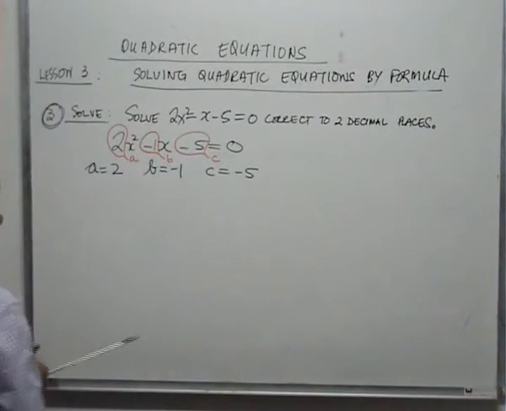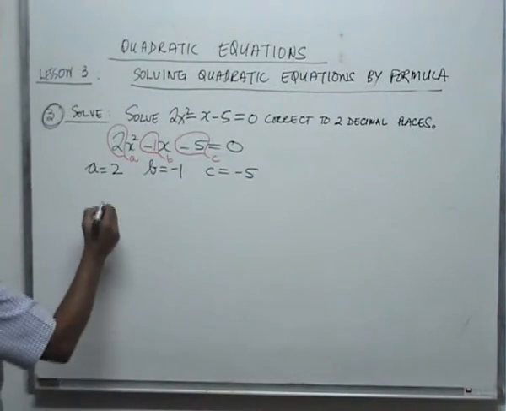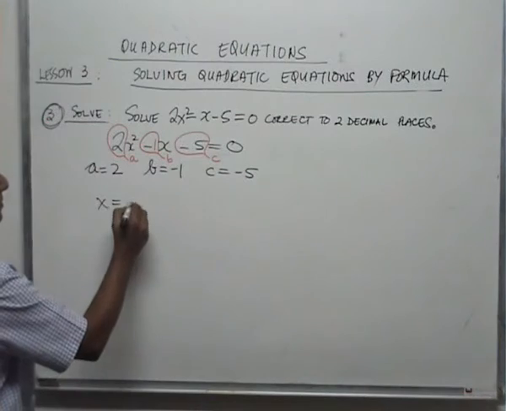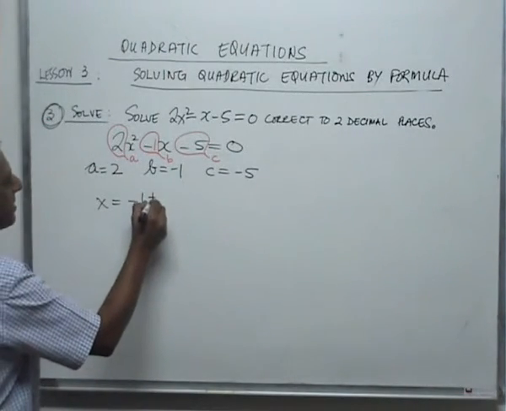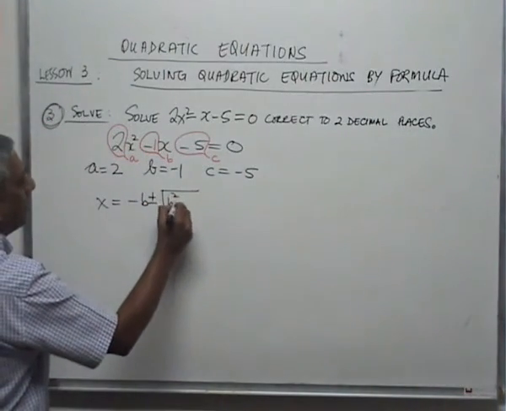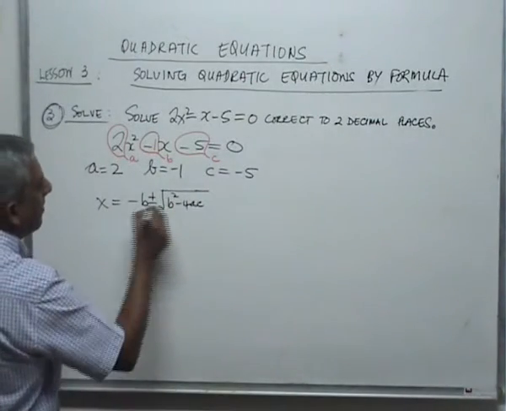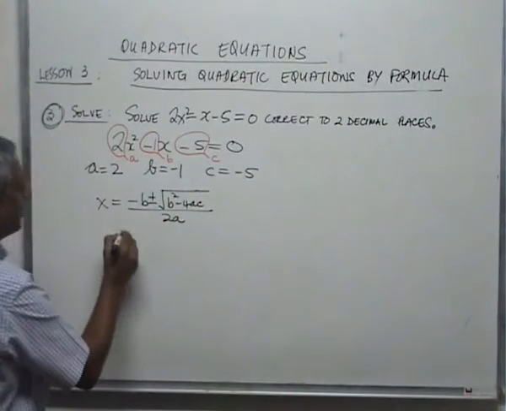Right, we are now ready to apply the formula. x is equal to minus b plus minus the square root of b squared minus 4ac all over 2a.